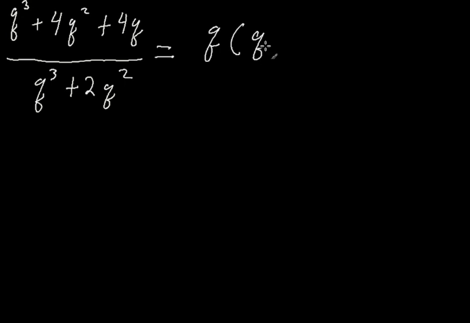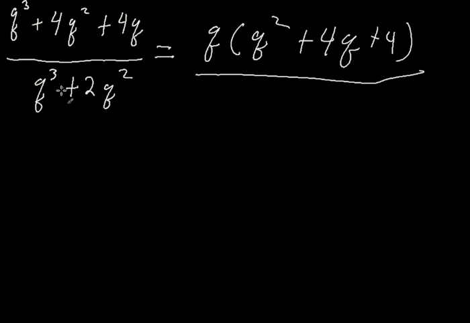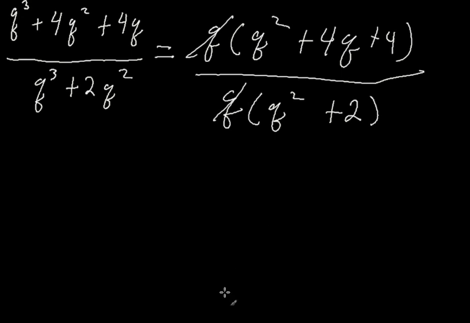That's going to leave q squared plus 4q plus 4. What can I do for the denominator? It looks like I could factor out a q. So I have q squared plus 2. Okay. Now, I can cancel that q right there.